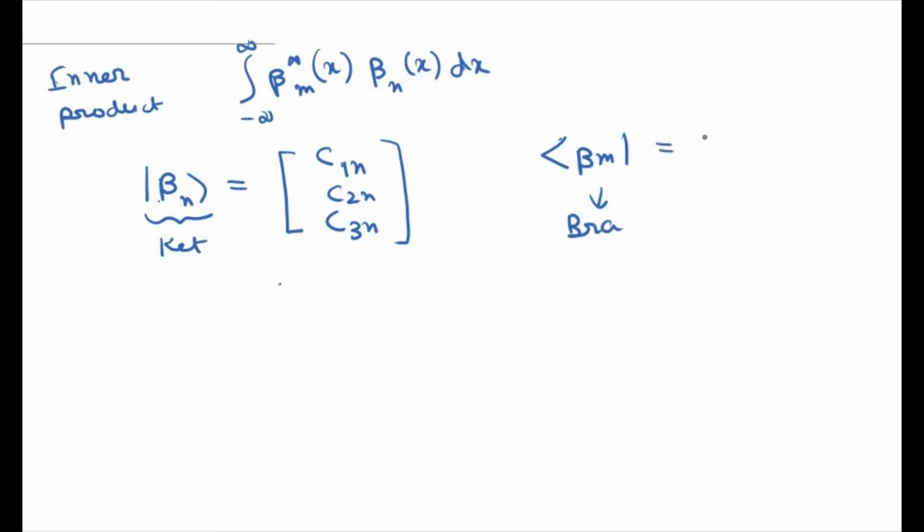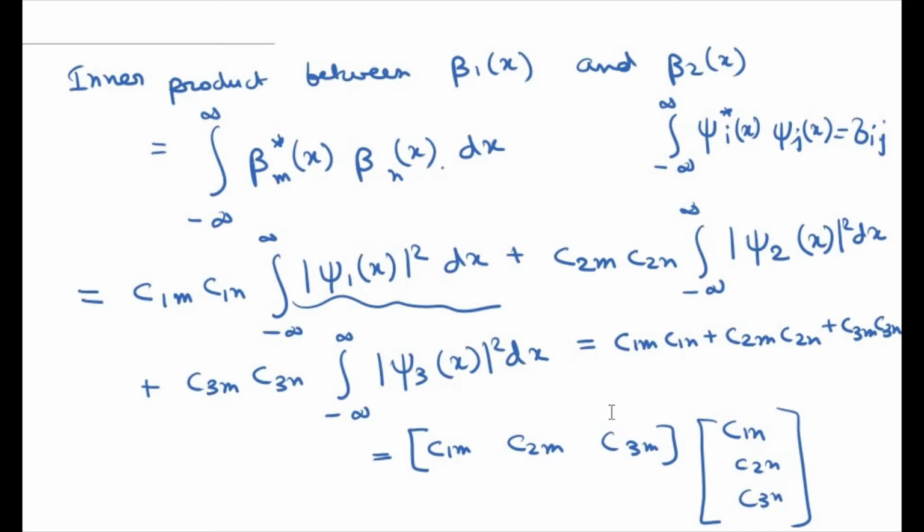This is our row vector C1m. The coefficients can also be complex, so I should take the complex conjugate of the coefficients also, and similarly here, I should have written it like this.